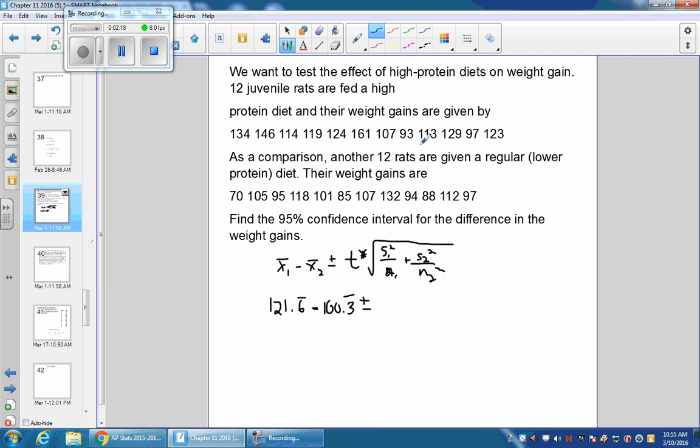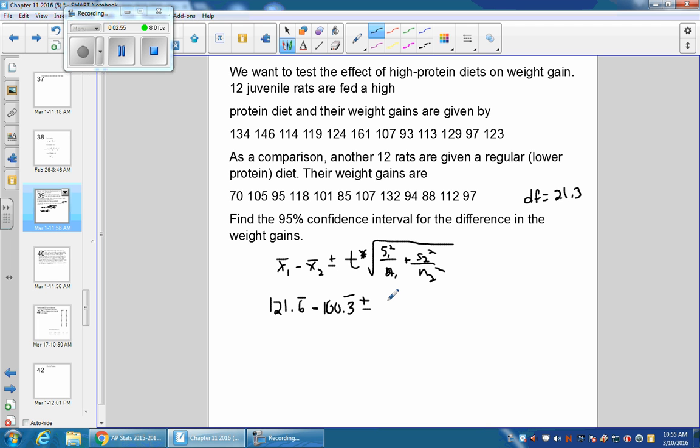Now there's a conservative way to do this where we take 12 minus 1 to find our degrees of freedom with our t star, or we can use our calculator and just do a two sample t interval, and we could get a more specific degrees of freedom. Now, when I use my calculator, and I'll show you how to do this in class, I got a degrees of freedom of 21.3. Now, we could have also done a degrees of freedom of 9. We just have to report that we'd use a degrees of freedom of 9 and get the value there.